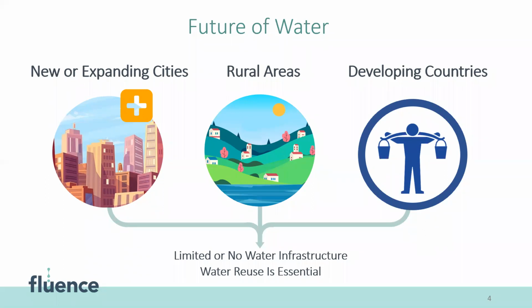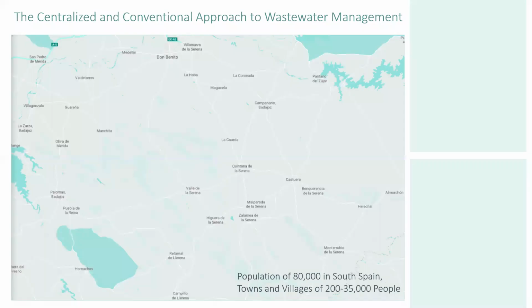So let's start by diving right into the concept description through an example. In this example, in this map, we're showing a region in South Spain. As you see, population about 80,000 people distributed over a large area in quite a few villages and two small towns.